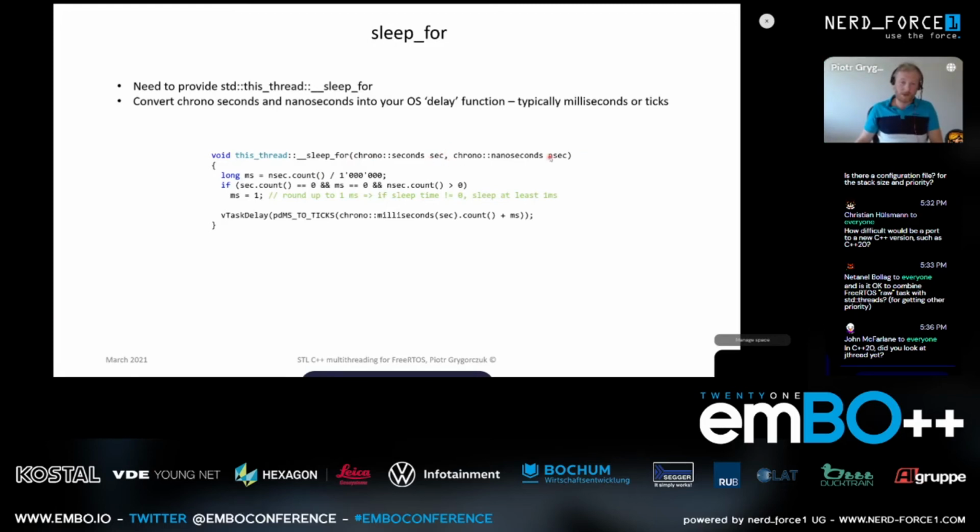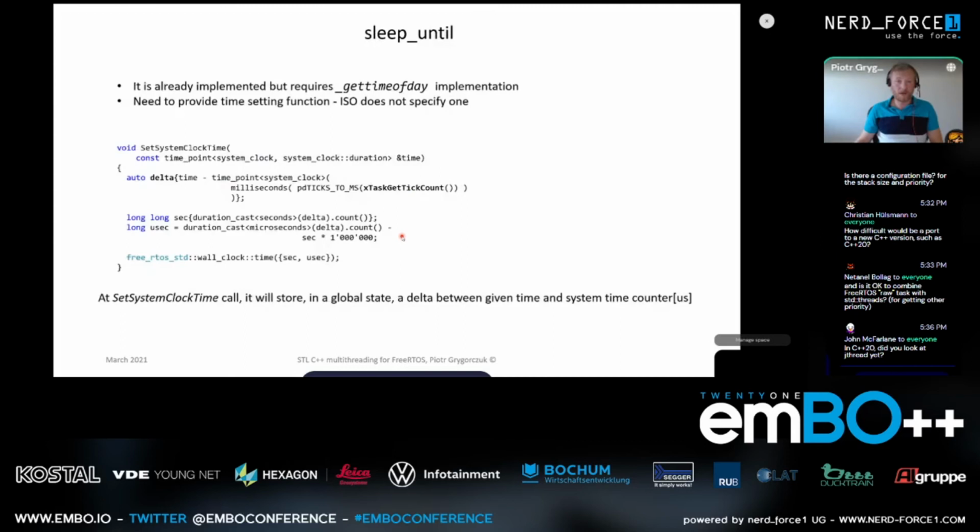The implementation, again, is trivial. I guess every operating system has some sort of delay function, which in the case of FreeRTOS is vTaskDelay. The whole implementation is just converting the chrono time from milliseconds to ticks, and that's all. It's done.